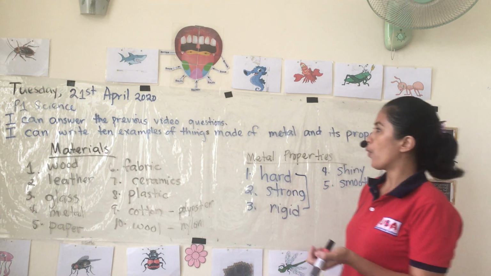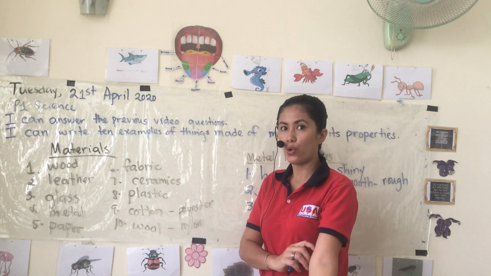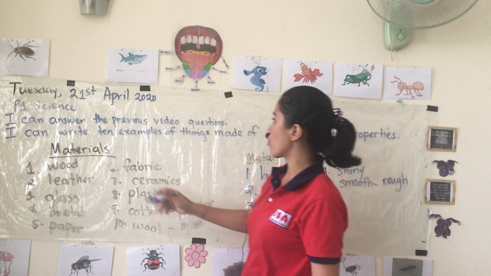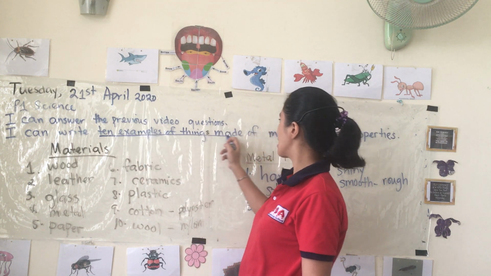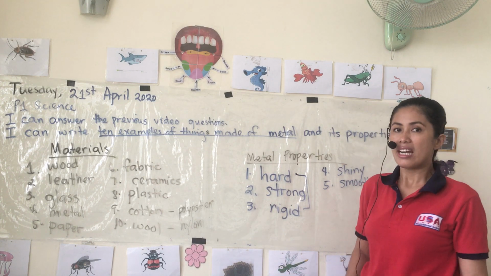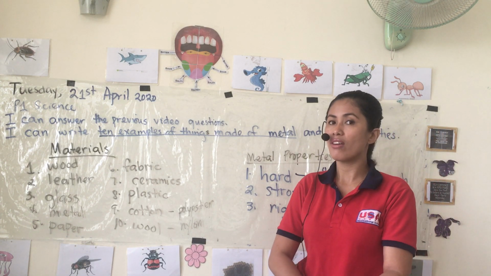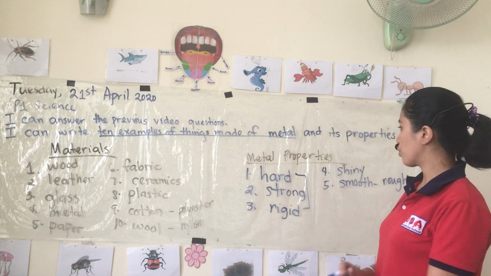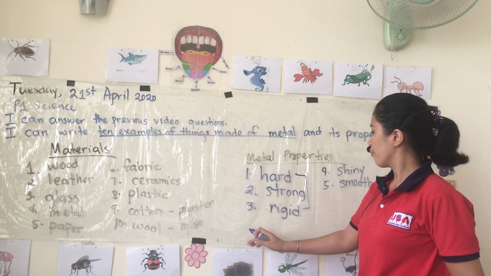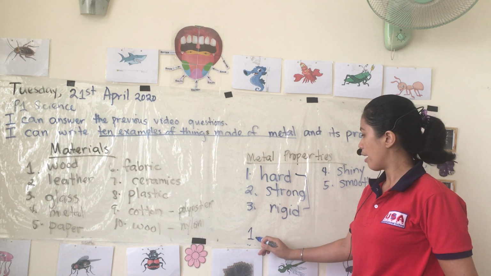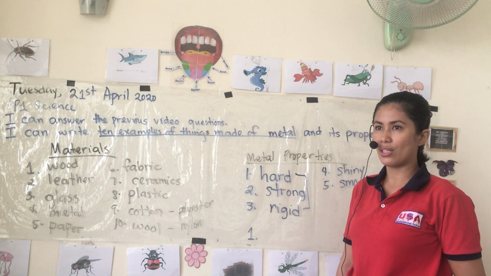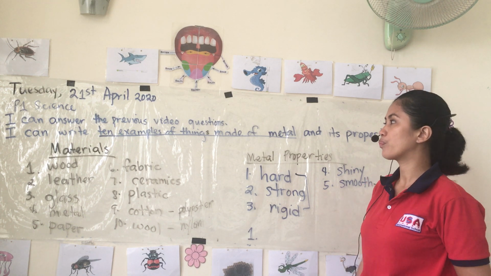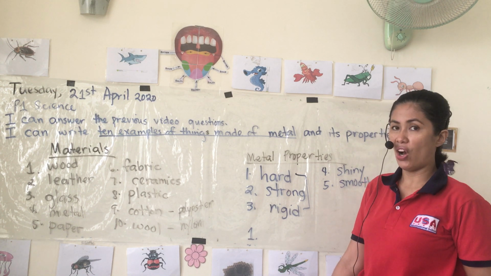So for your assignment today, you are going to write 10 examples of things that are made of metal. It's very easy because I gave you some examples before. You can write it in a sentence, or if you don't like, it's okay, you can write just the name of the metal.